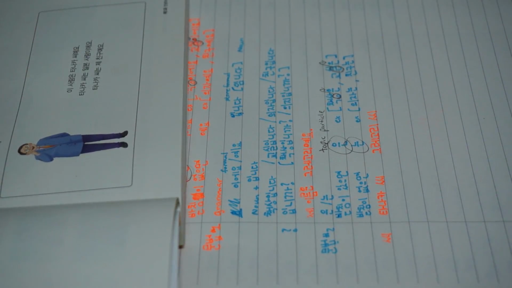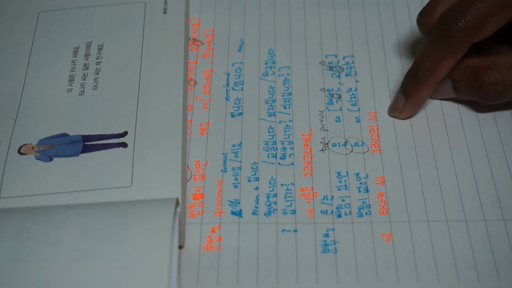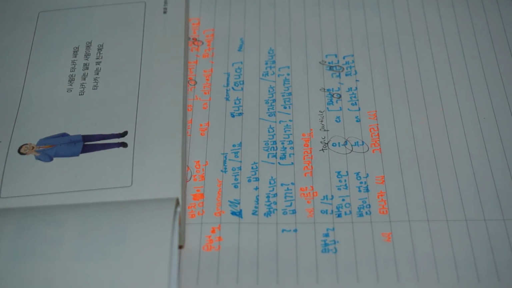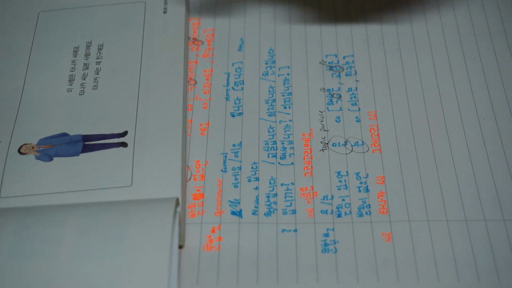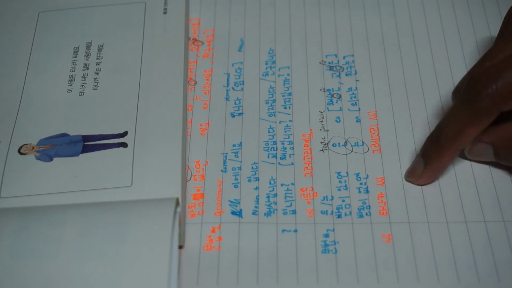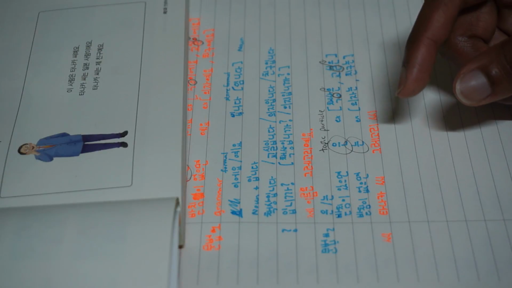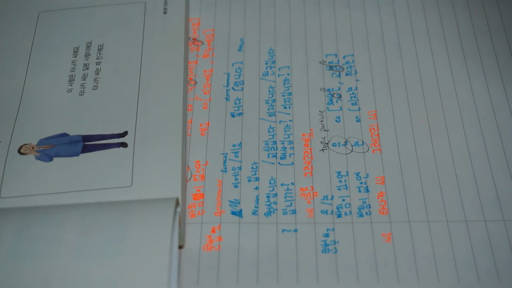If you remember about formalities, this is formal. So whenever you say somebody's name that is a stranger or somebody that you're not really close with, you use 씨 after their name. So Gregory 씨는, or Tanaka 씨는. What was the name? Jessica 씨는.